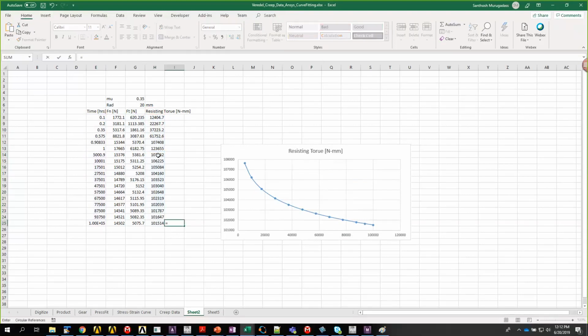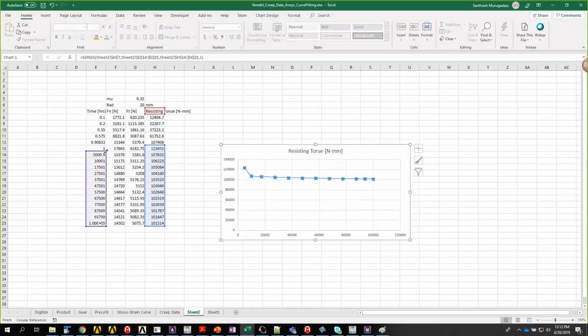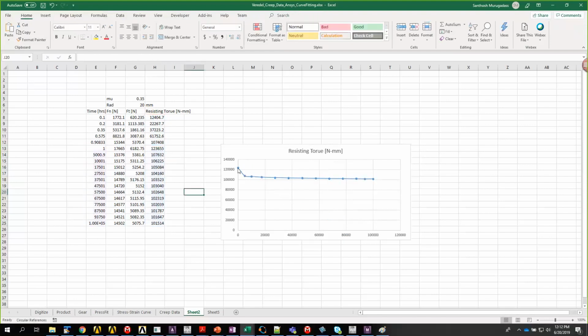For the total reduction, I have to use the value from here, not from there. This is the initial torque when we just assemble, and after 100,000 hours we have lost a torque capacity of approximately 20,000 Newton mm.